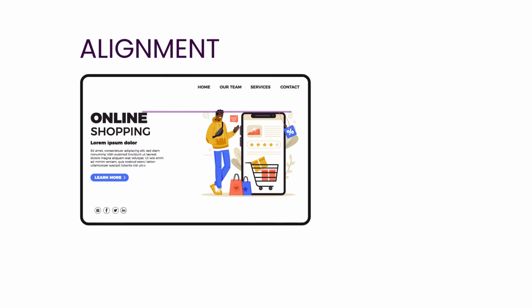And the major text, that's the title, is also aligned with the call to action button there. Then everything on the major menu, that's the home, our team, service, and contact, they are all bottom aligned. And also the social media icons, each one of them is bottom aligned.